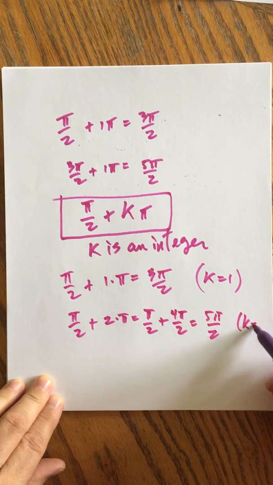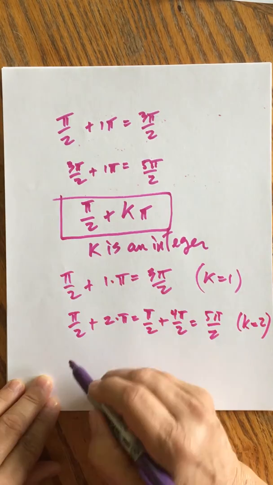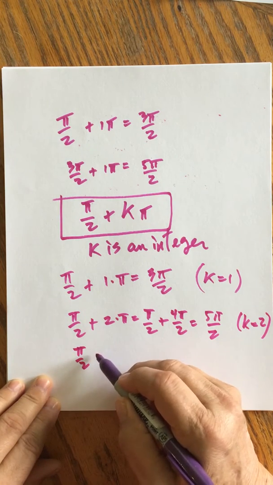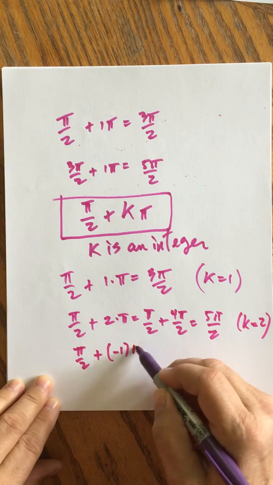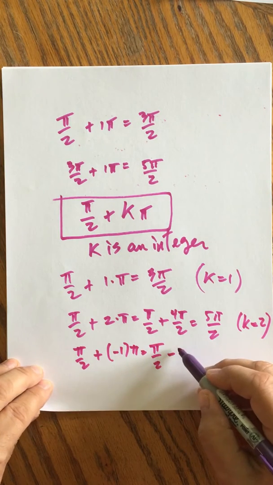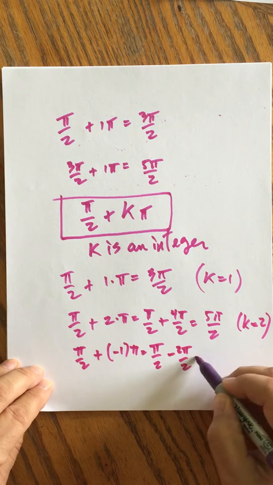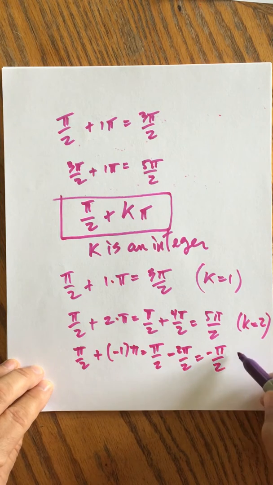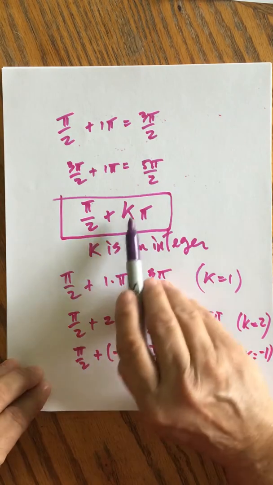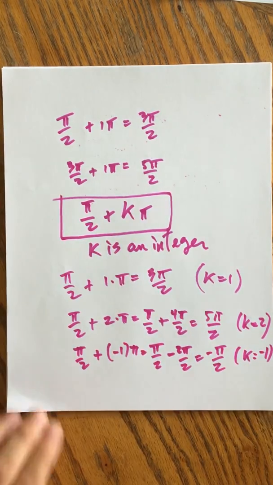So that's k equal 2. Can I get the negative pi over 2? Sure. I can say pi over 2 plus negative 1 times pi. It's going to be pi over 2 minus 2 pi over 2, which gives me my negative pi over 2. So that's k equal negative 1. If I just want pi over 2, I'm going to let k be 0. So I can capture all of them.